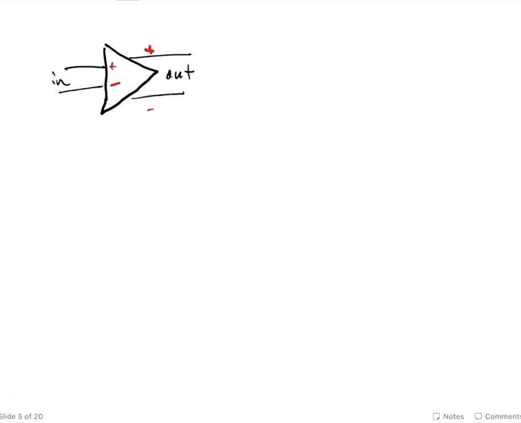Often what we really have, at least in the amplifiers that you may have used so far, op amps, is this. It's the same thing. These are the same two things. It's just that we haven't drawn in a reference there.